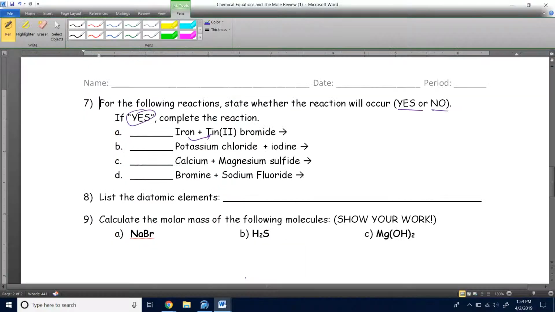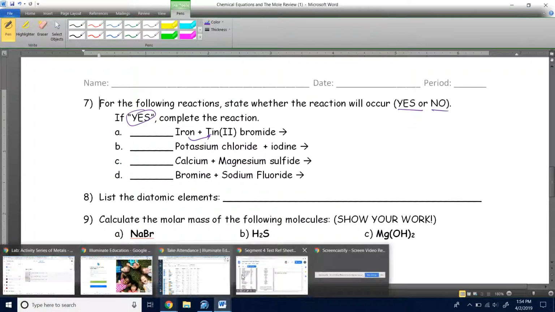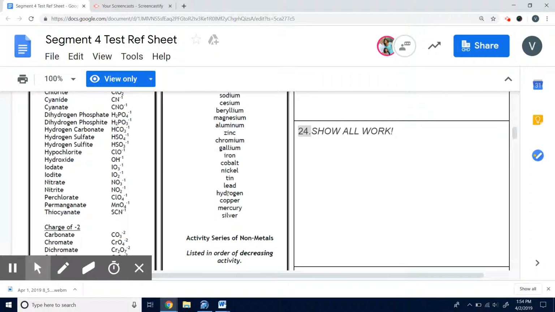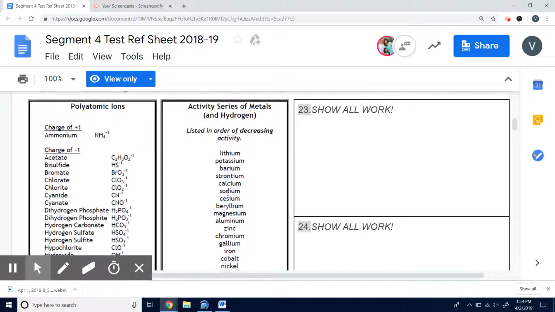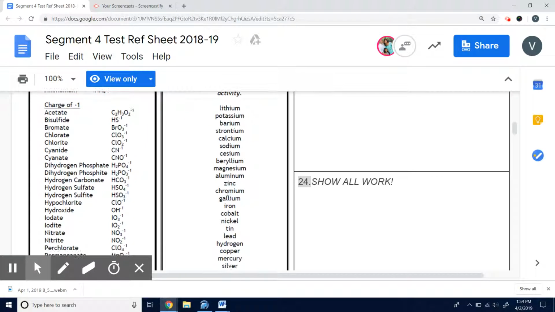Let's go ahead and take a look at the activity series, because remember the activity series of metals is what's going to help us determine if the reaction can occur or not. So we're looking at iron and tin. Here we have iron right around here, and right here we have tin.